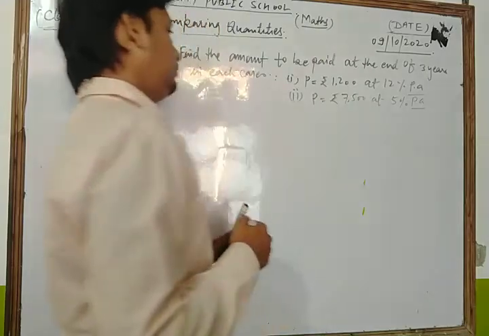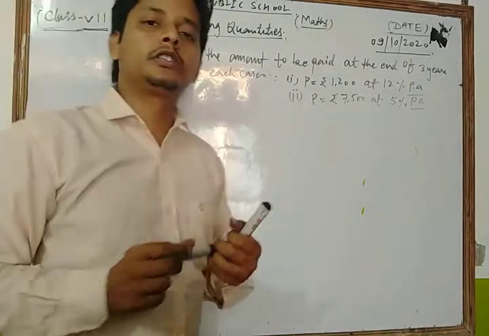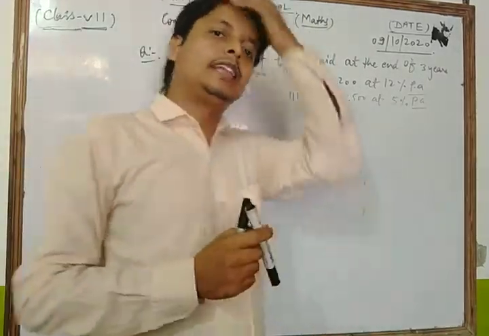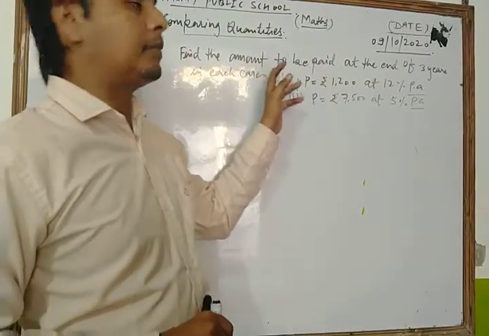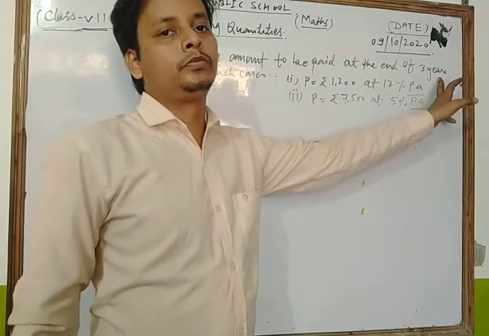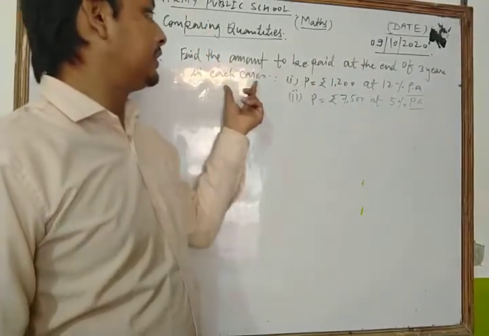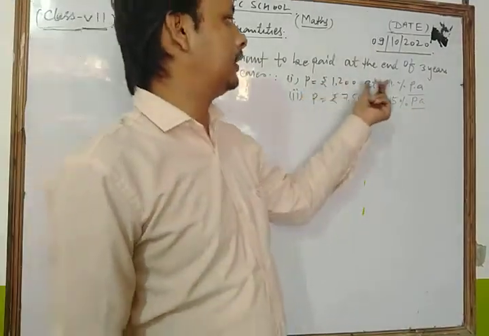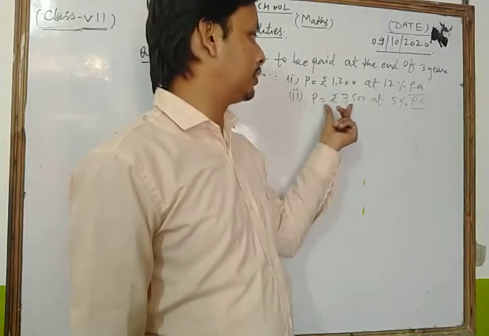Let's see. Dear student, this is the question here. In that question, we find the amount to be paid at the end of 3 years. In each case, principal and rate are given, and the second question is also the same.